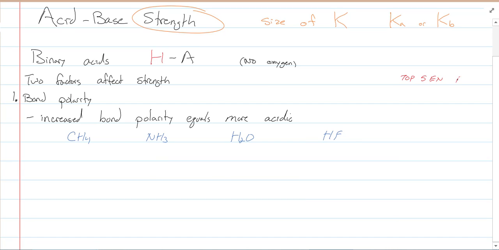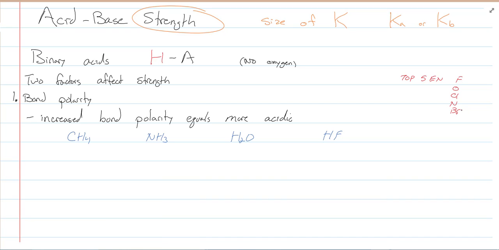We had fluorine, oxygen, chlorine, nitrogen, bromine. Bond polarity has to do with delta EN, the electronegativity difference between the two bonded atoms, and anything from 0.5 to 1.9 is polar.